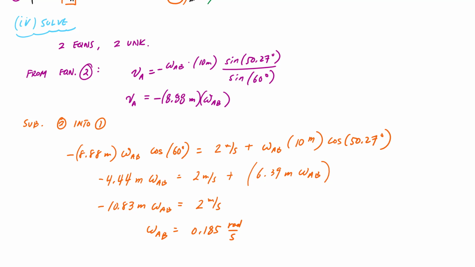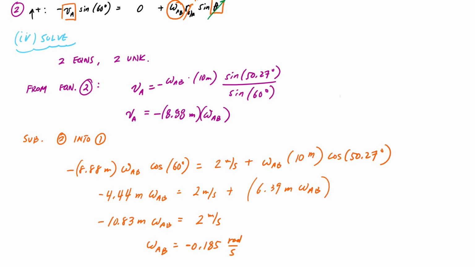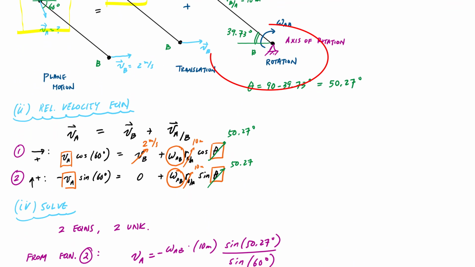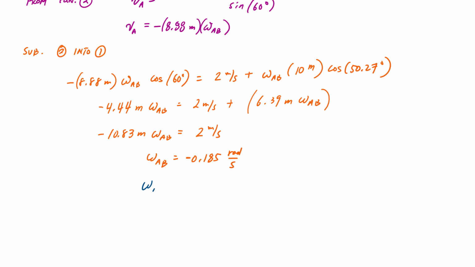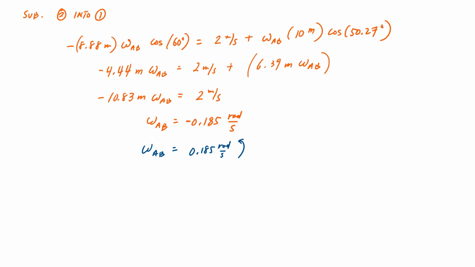We get omega AB is negative 0.185 radians per second, which means the negative sign is opposite of what I drew over here. So omega AB is actually 0.185 radians per second counterclockwise.